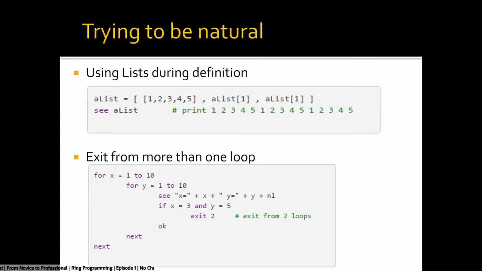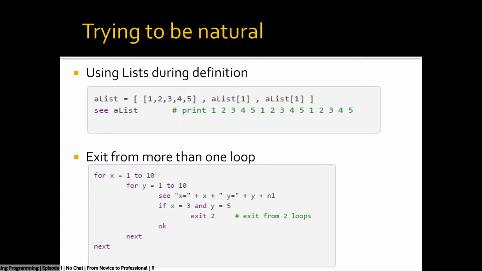Print 1, 2, 3, 4, 5, and then a list 1, which would be 1, 2, 3. Oh, first element, so it repeats 1, 2, 3, 4, 5, and then a list 1. Oh, so you can self-reference like that. That's really neat.